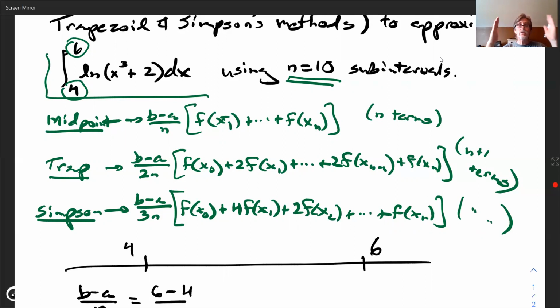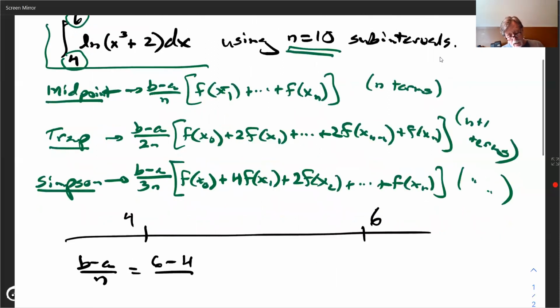So the width of the interval you're integrating is 2, and you split it into n pieces, so it's 2 over 10, or 0.2.